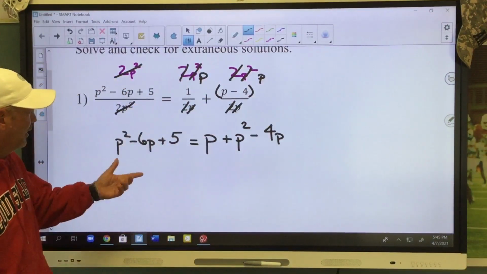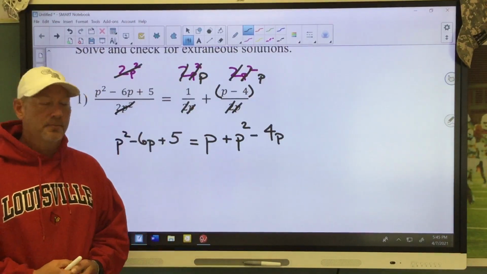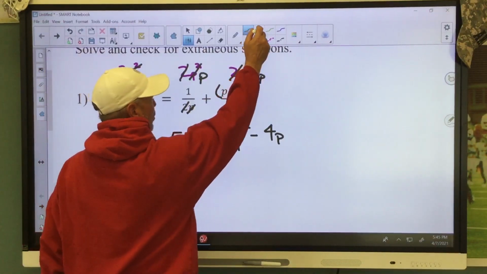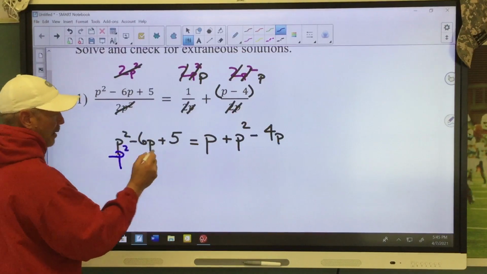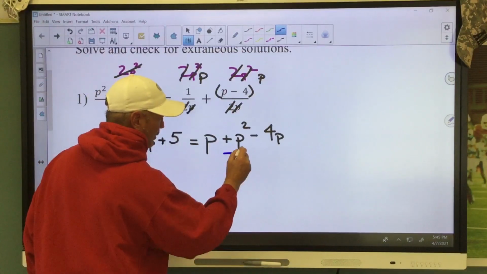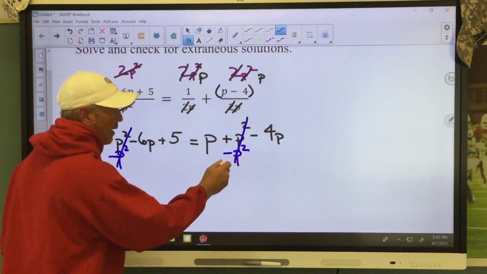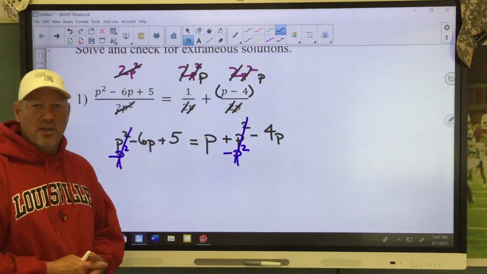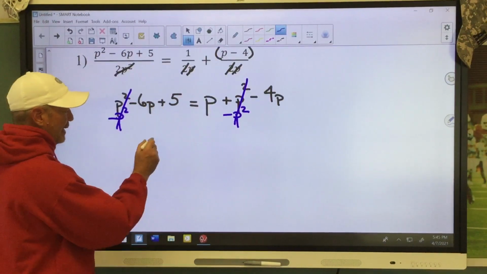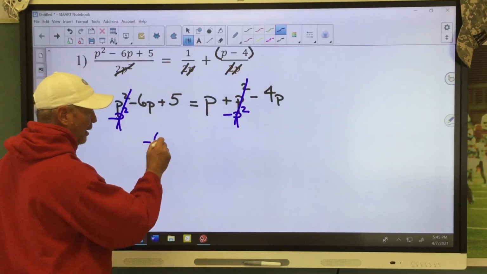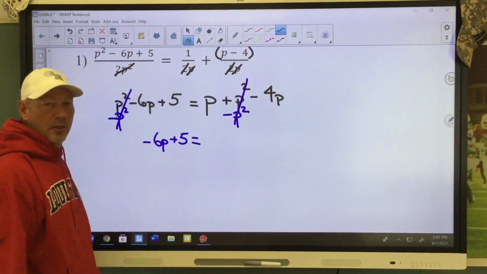Okay? All right, so I'm going to try to move things to get everything on the same side of the equation. We're going to try to solve it, so I'm going to say minus p squared on both sides. In this case, the p squares knock each other out, okay? So what is that going to leave me? That's going to leave me with a negative 6p plus 5 equal, now I'm going to combine like terms.